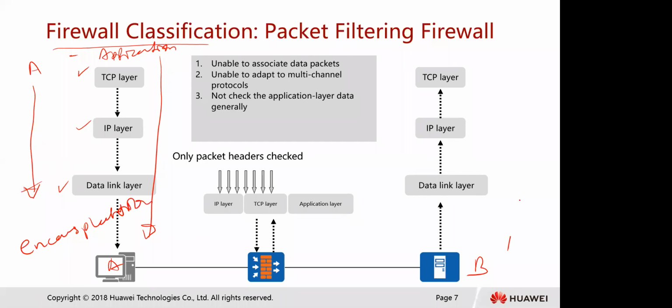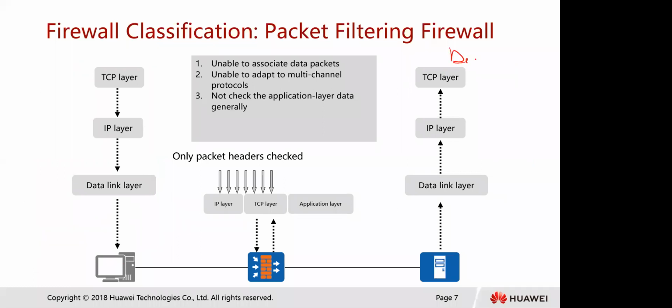And what do we call this process here, getting our packet from our data link layer all the way up to our transport layer? It was called decapsulation, right? Yes, it was called decapsulation.